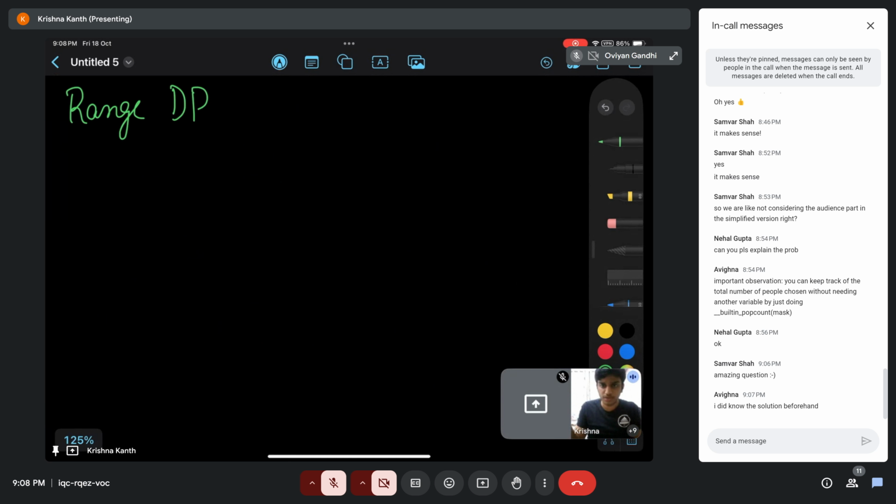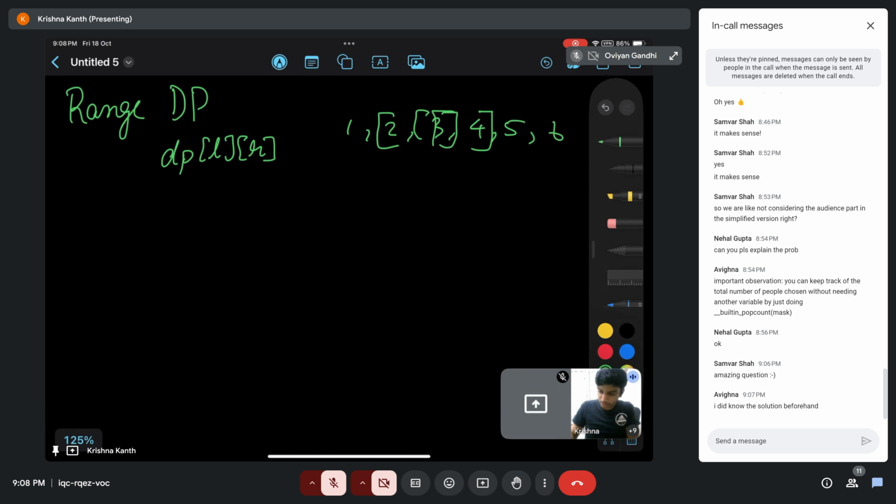Instead of subsets, you have continuous ranges. Normally the states look something like this: DP[L][R]. Let's say you have an array like 1, 2, 3. You would solve for a subarray like this based on smaller subarrays contained inside it. You would solve for this, you would add the answer, and that is what range DP is.